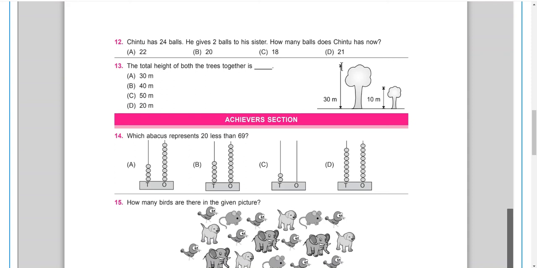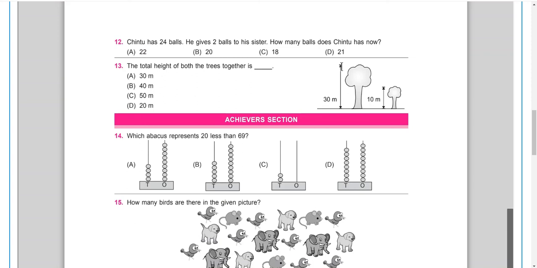So what do we need to do? We add the smaller tree to the bigger tree. Exactly. So we have to add these numbers. If you add 30 and 10, how much? 30. Now add 10 more: 1, 2, 3, 4, 5, 6, 7, 8, 9, 10.